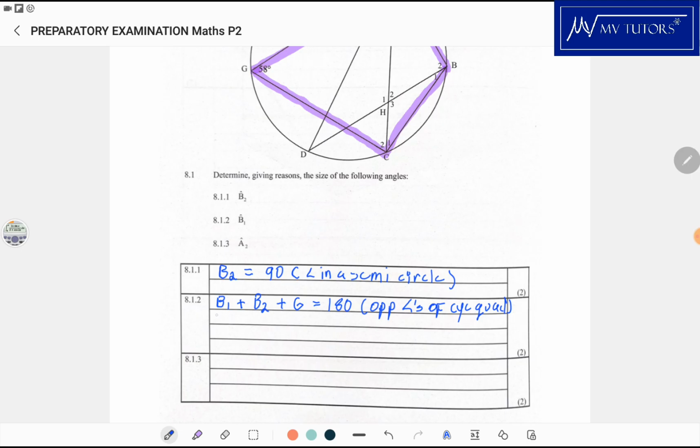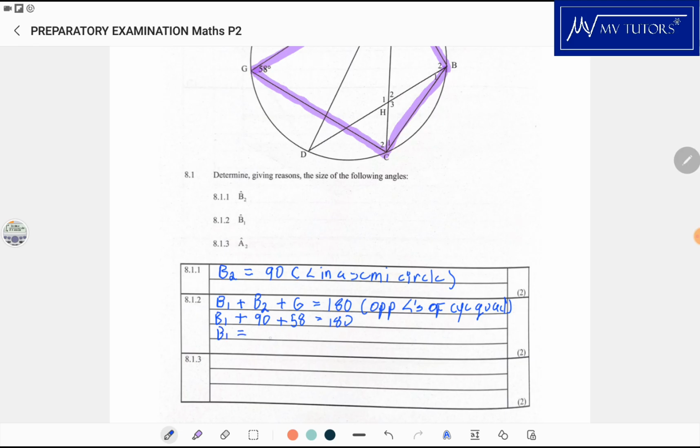Now I can substitute. B1 is what I'm looking for. B2, I have it, it's 90. G, I have it, it's 58. Now all I have to do is mathematical gymnastics.